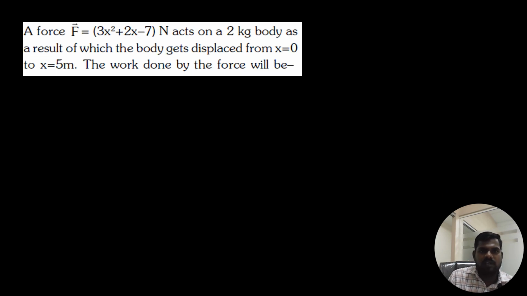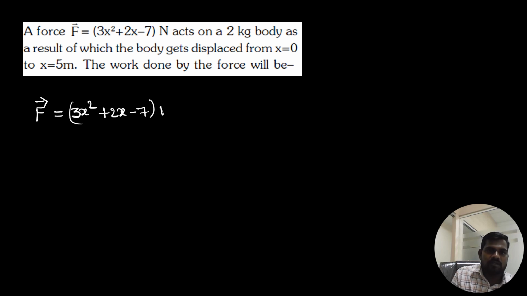Next question we can see in this case. A force is given on a 2 kg body. I'm taking here F is equal to 3x square plus 2x minus 7 newtons. Mass is also given, 2 kg.